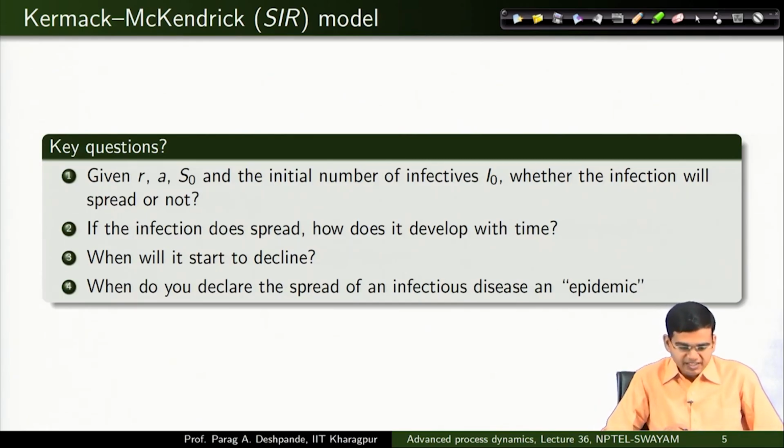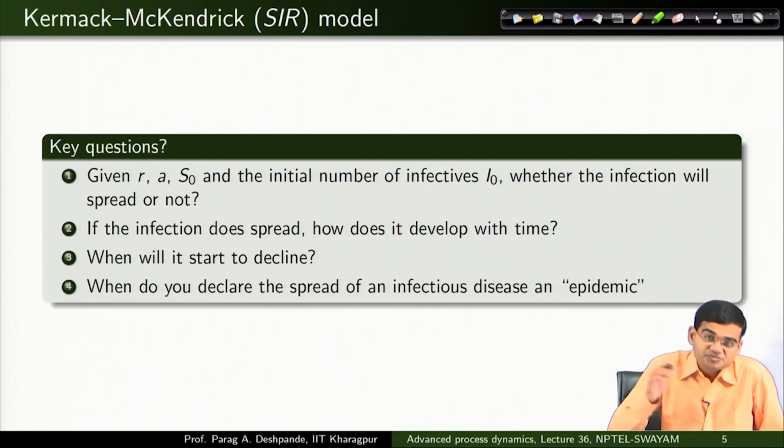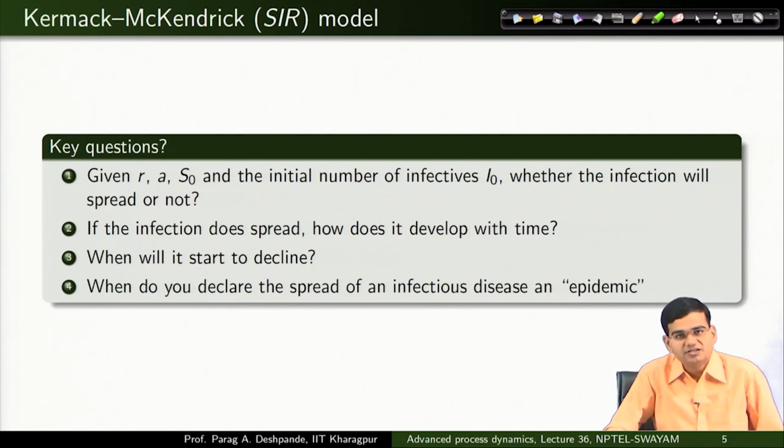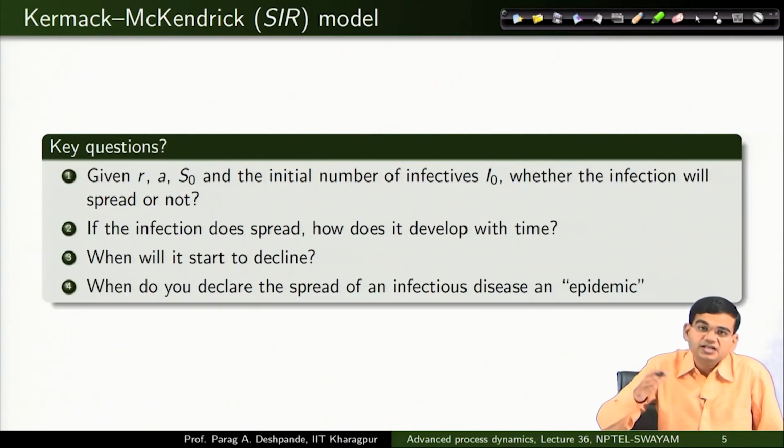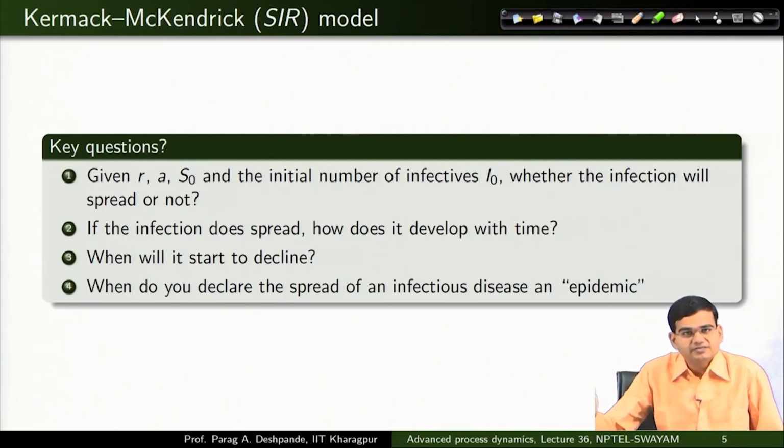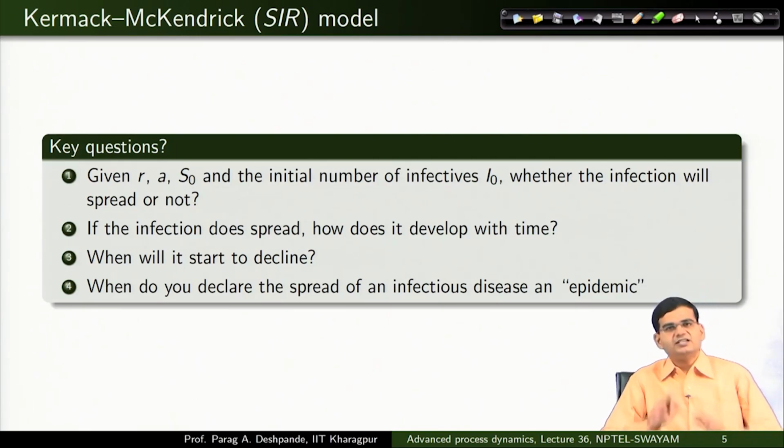Then, if the infection does spread, what would be the dynamics? Would it spread fast? Would it spread slowly? Third, if it does spread, when would it start to decline? And finally, when can you declare that yes, we are having an epidemic, or in today's situation, a pandemic?